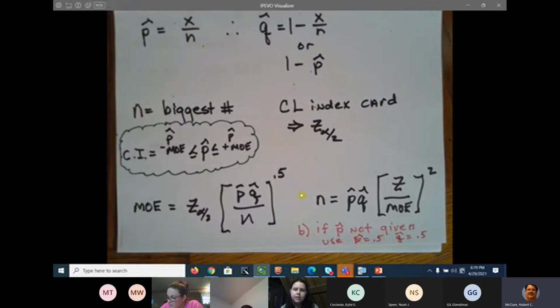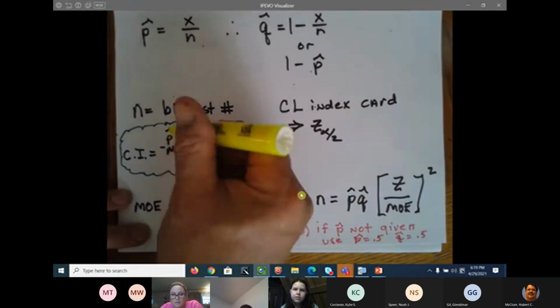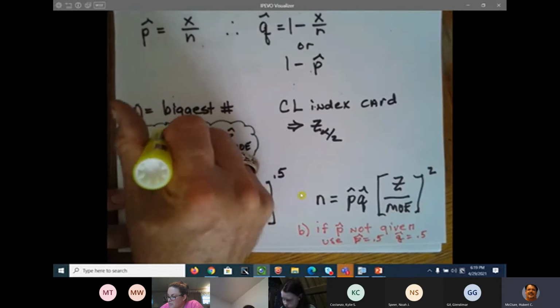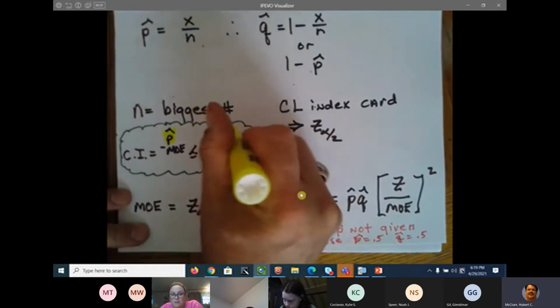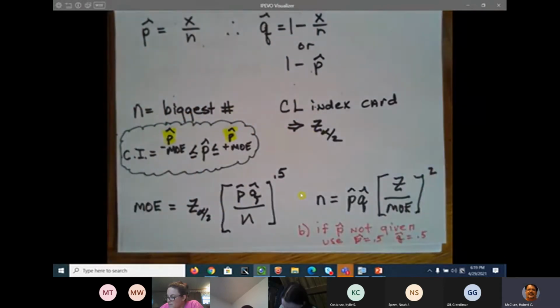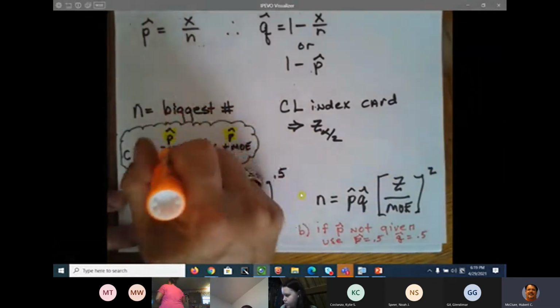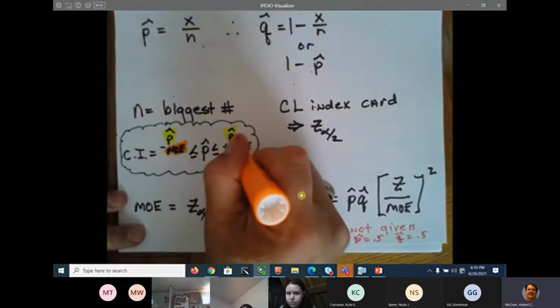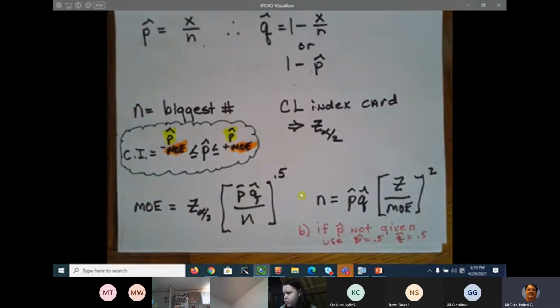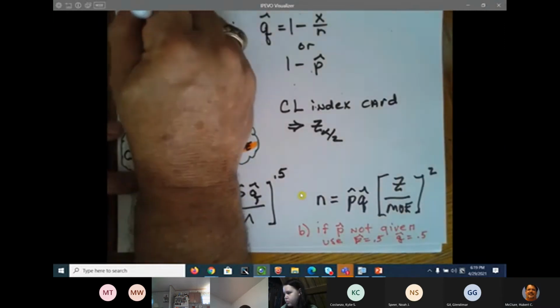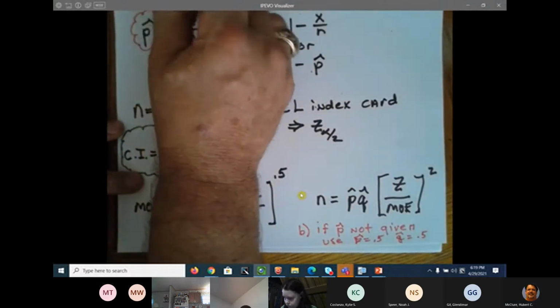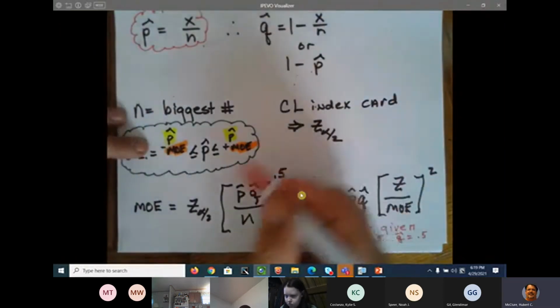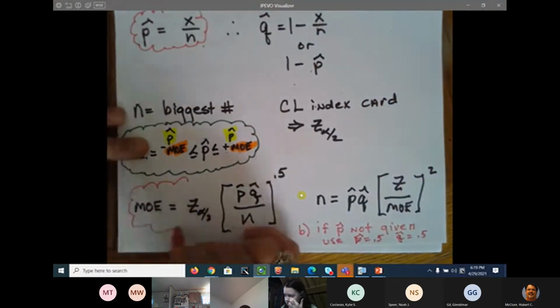You need P hat and margin of error. So here's P hat. You need P hat and you need margin of error. So do we have a formula for P hat and margin of error? Yes. P hat is right here, and margin of error is right here.